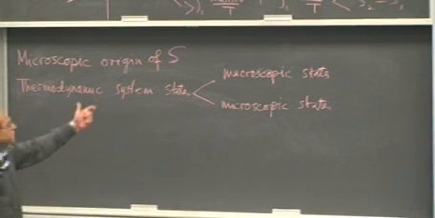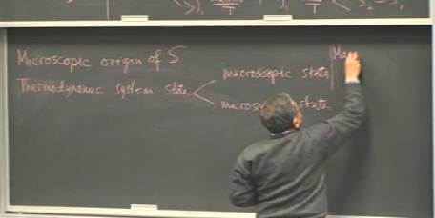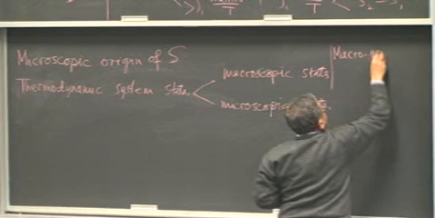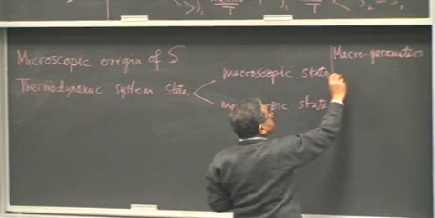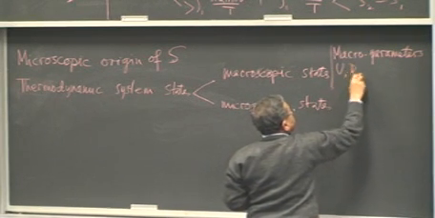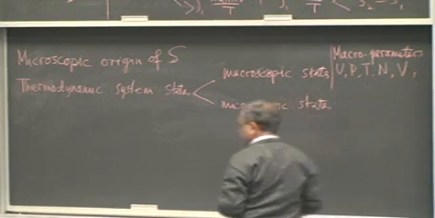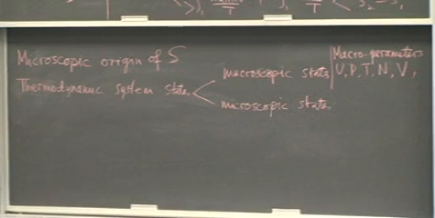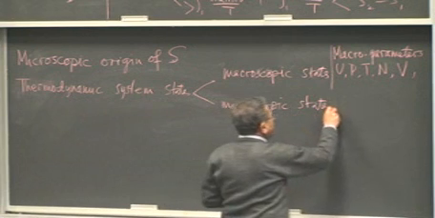These are macroscopic parameters: energy, pressure, temperature, number, and volume, etc. These are large scale parameters, and they describe the way you look at systems in your laboratory.